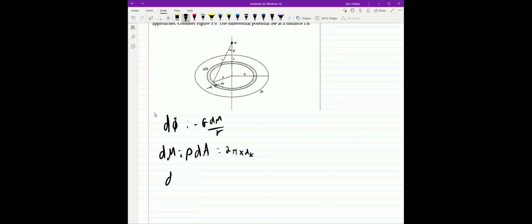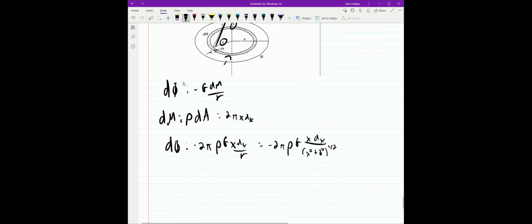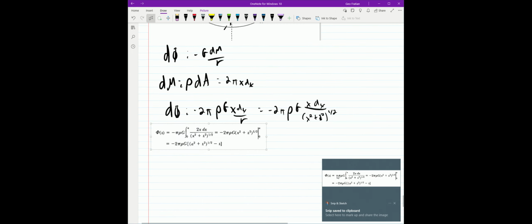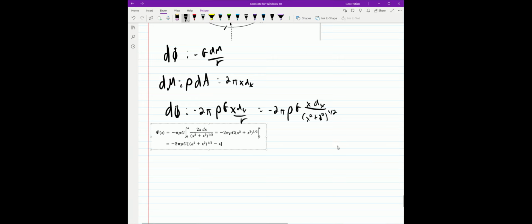So with some substitution, d phi is equal to negative 2 pi rho G x dx over r. Now if we look at the distance over here, we have x squared plus z squared is r squared. So our r is given by x squared plus z squared to the 1/2, right? So we can immediately integrate, which I will not bore you by writing out, and I'll just screenshot the actual expression. And we integrate it, and we return this value of negative 2 pi rho G times the quantity a squared plus z squared to the 1/2 minus z.